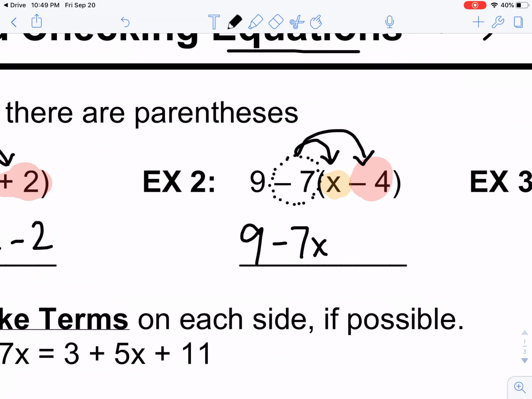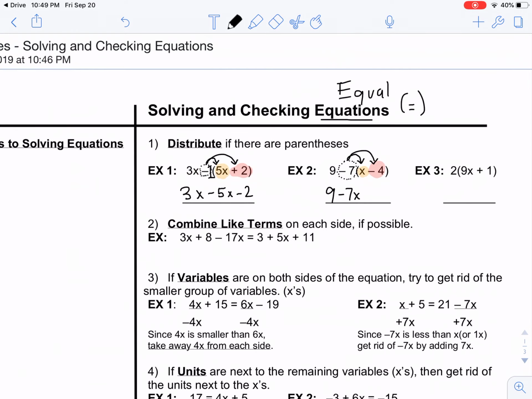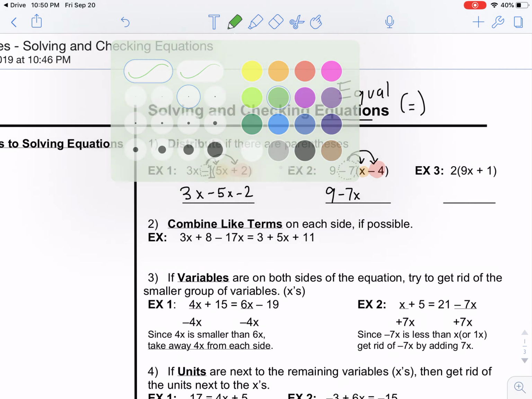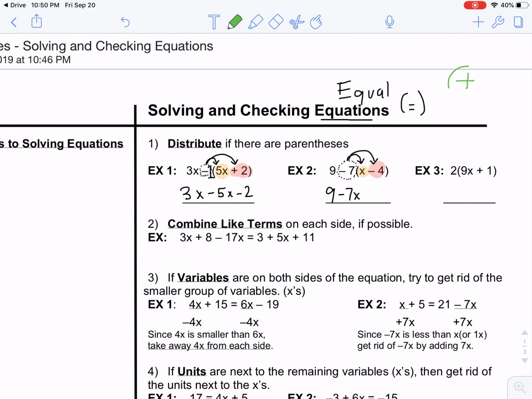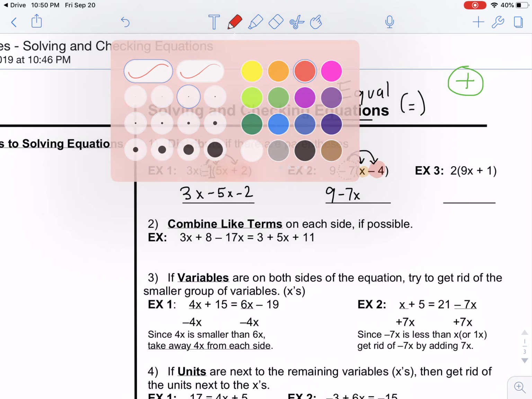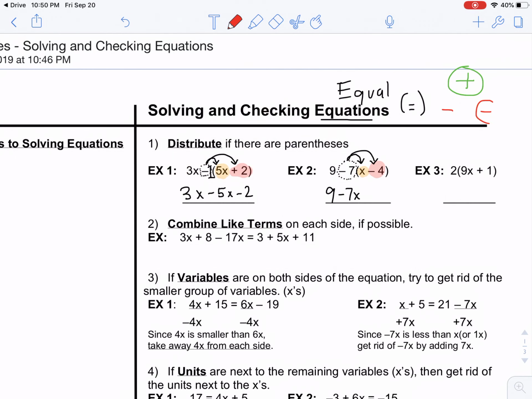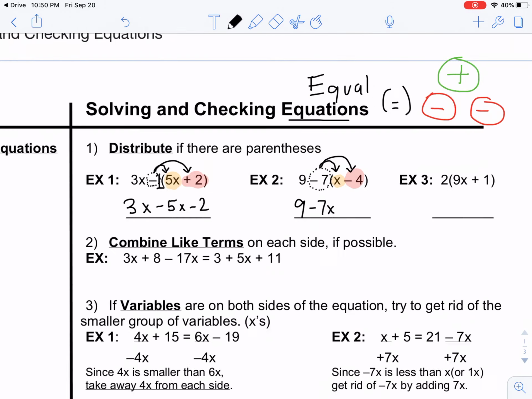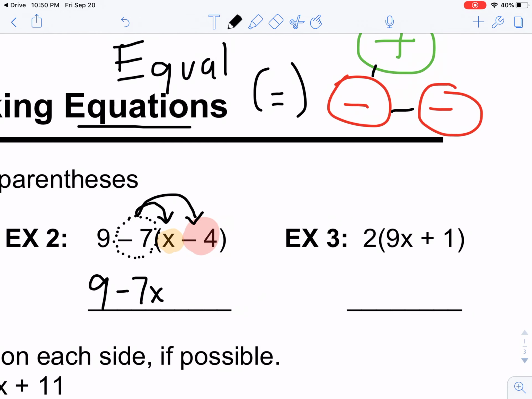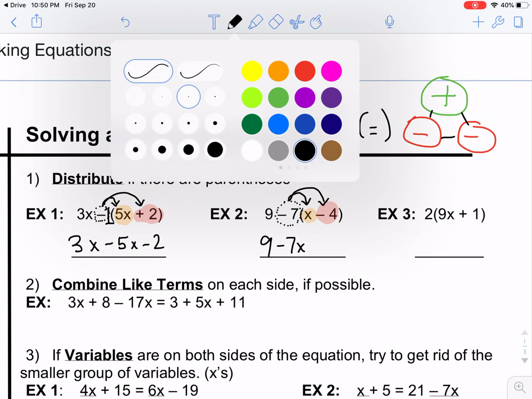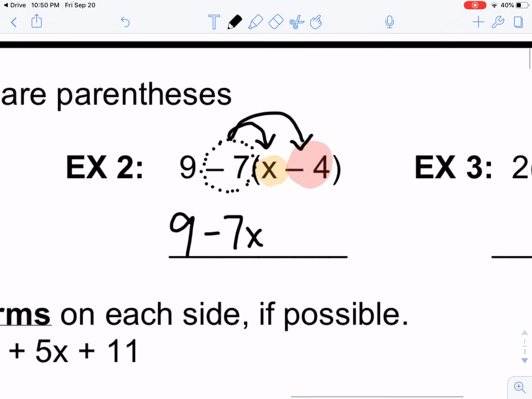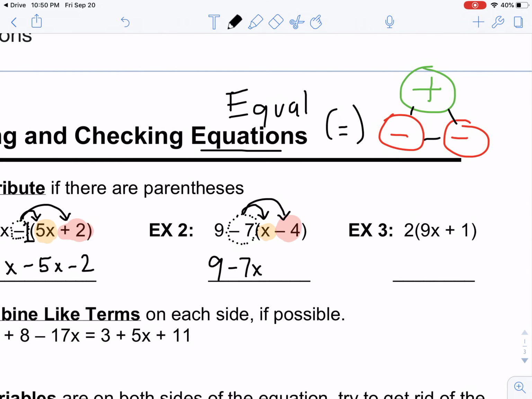A negative times a negative, if we remember our little diagram, when we multiply positive and negative integers, we know that a negative 7 times a negative 4, go ahead and cover those two up.